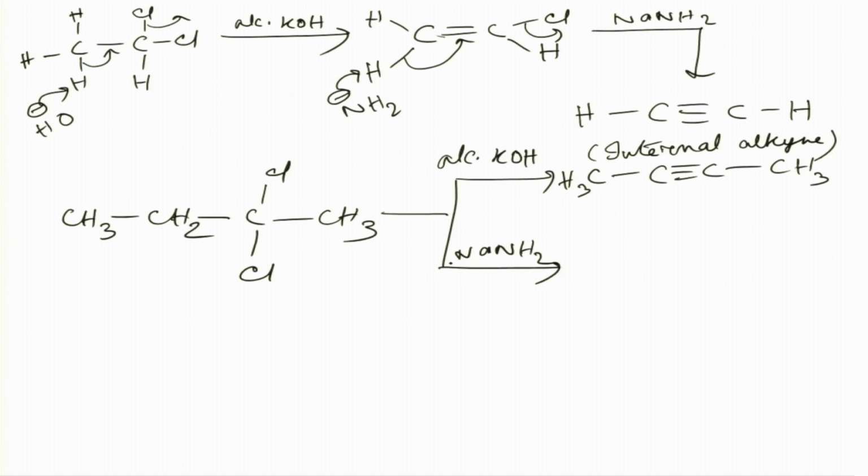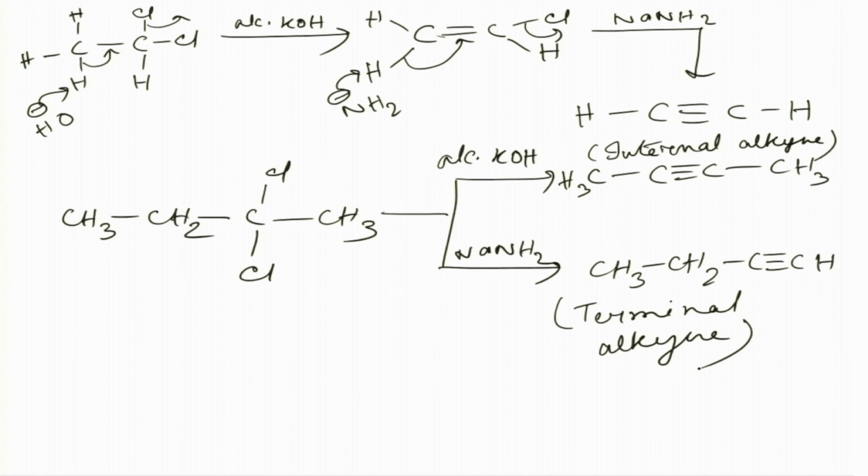And if we use sodamide, then we get selectively a terminal alkyne. This is the difference between these two reagents. One reagent will selectively give an internal alkyne and the other will selectively give a terminal alkyne.